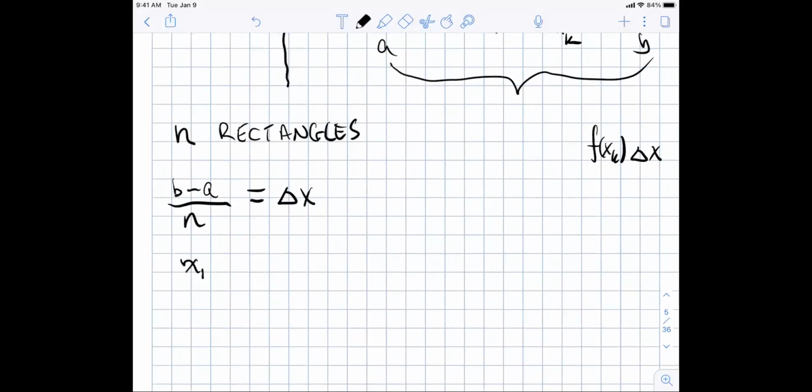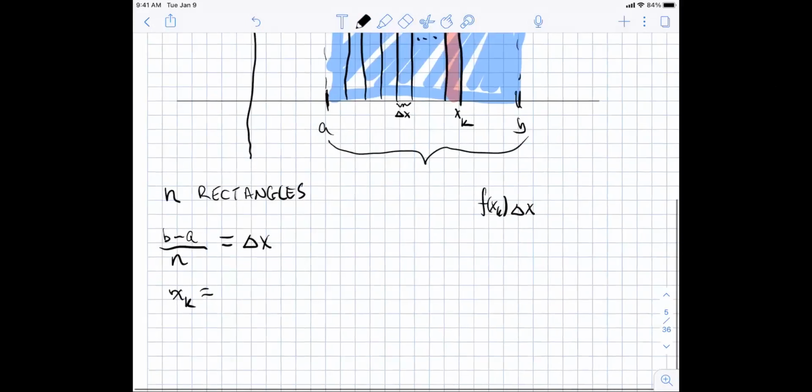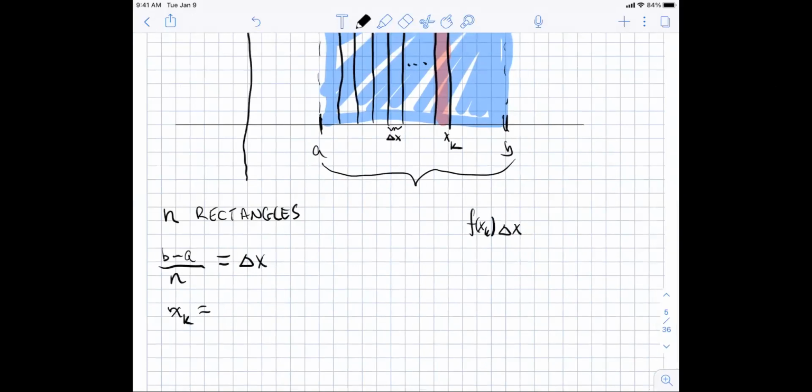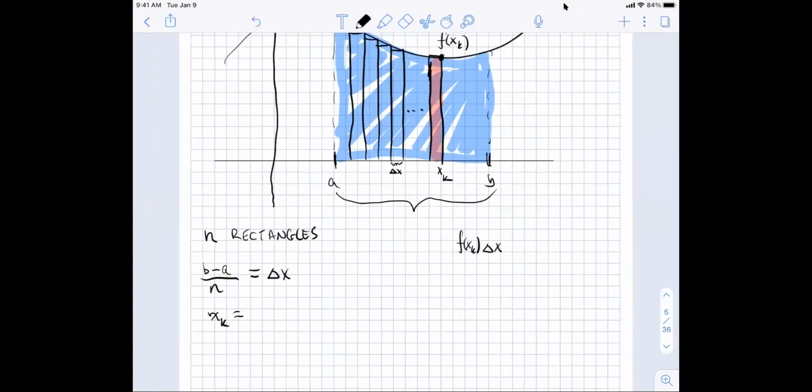So xk is equal to, well, when I've taken 0 steps from the left edge, then what point am I at? Delta x. Not a plus delta x, that's if I take 1 step away, right?